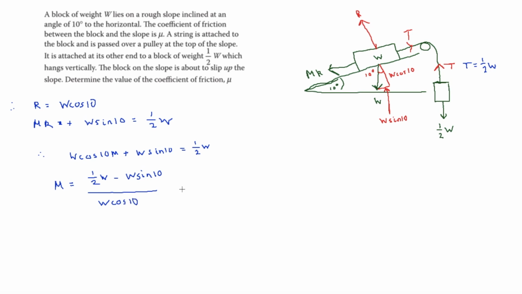If we take a W out of here, we can say that this is equal to W times a half minus sine 10, over W cos 10. And hopefully what you've seen here is that we can cancel this W here, we can cancel this W here. So what we're left with is a half minus sine 10 over cos 10.